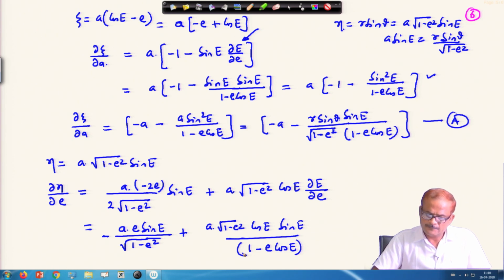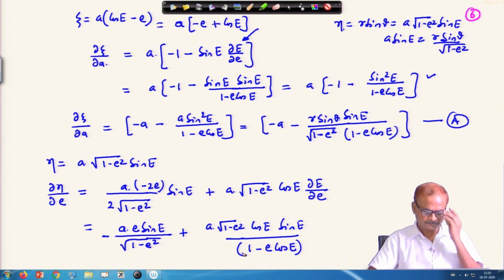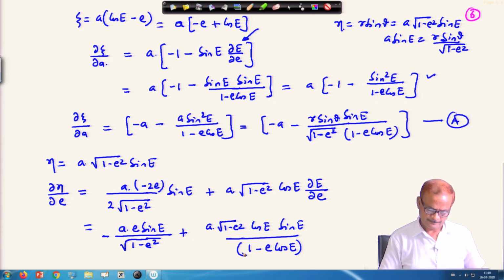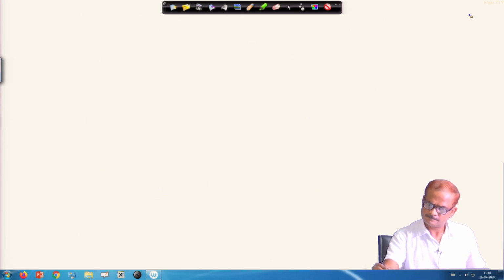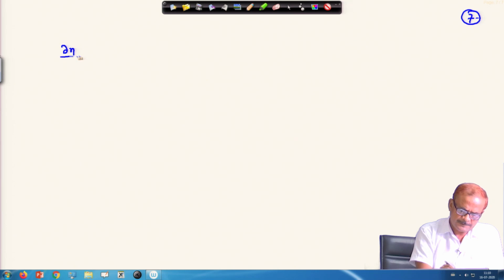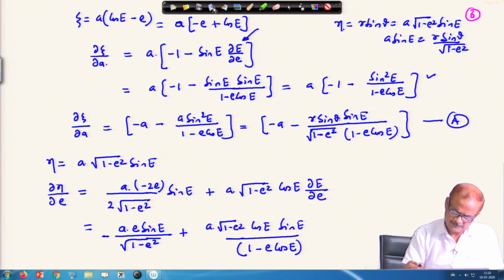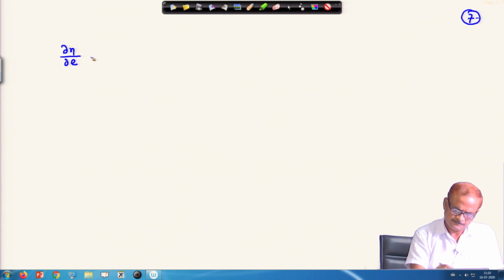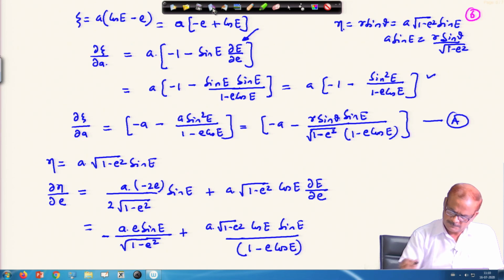Okay, again some of the terms we will change and write in a proper format. Therefore, we have dou eta by dou E equal to the first term here.